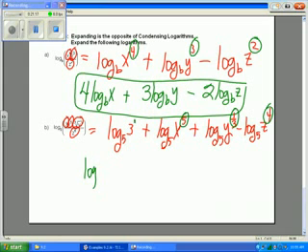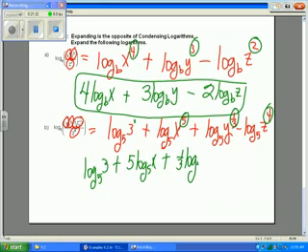So this stays log base 5 of 3 plus 5 log base 5 of x plus, good, 1/3 log base 5 of y. Good, minus 4 log base 5 of z. Done.